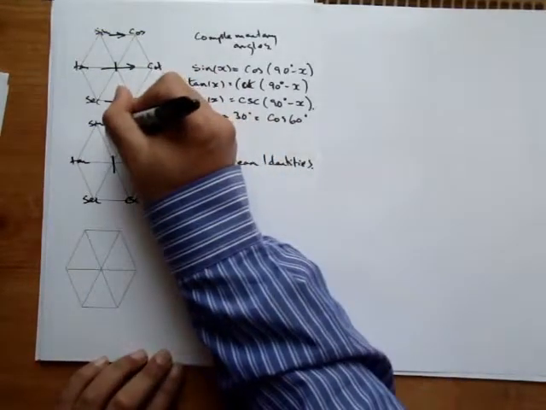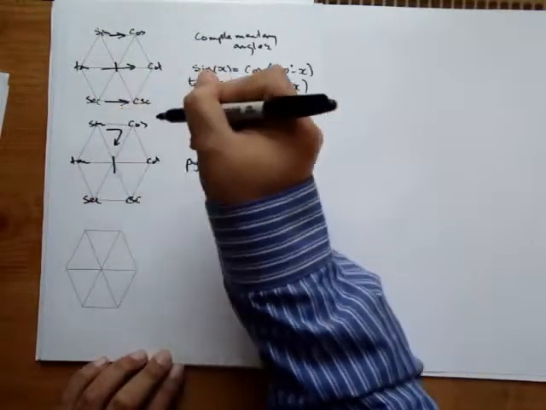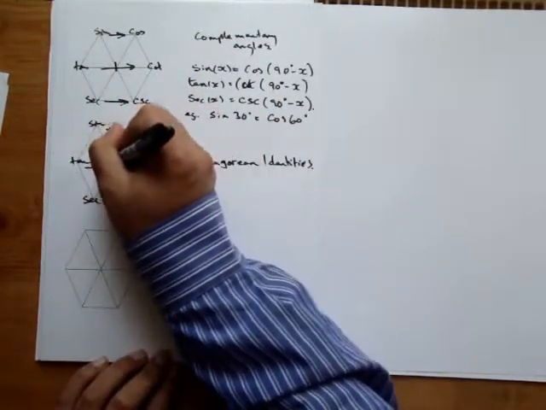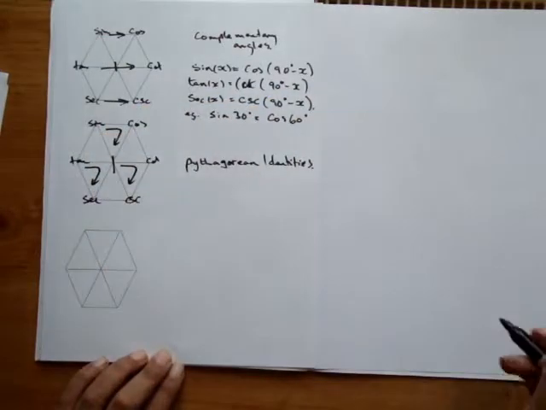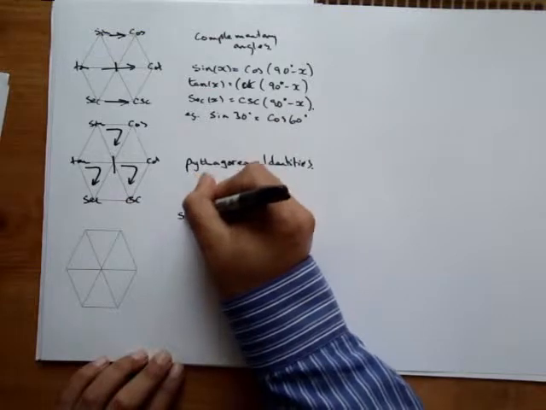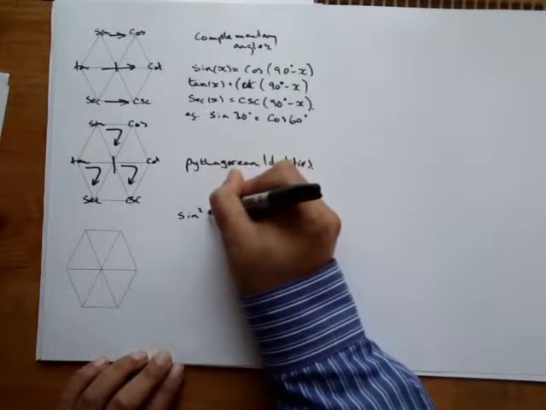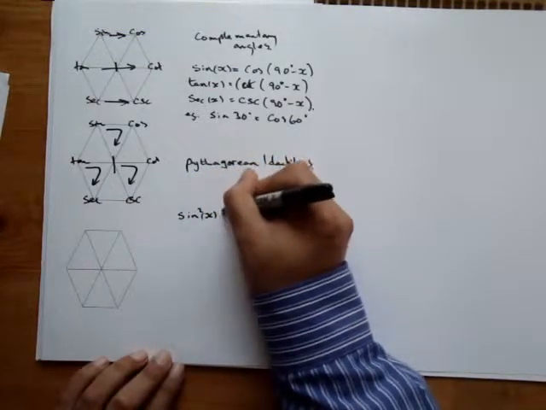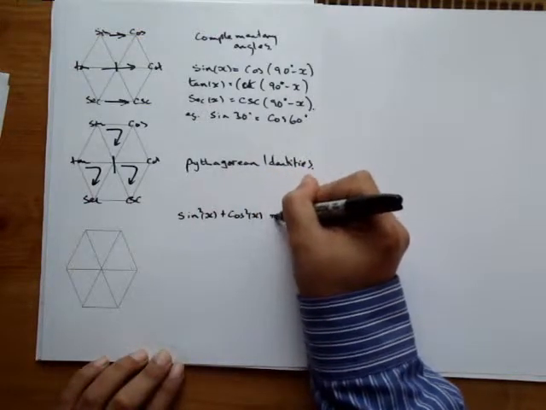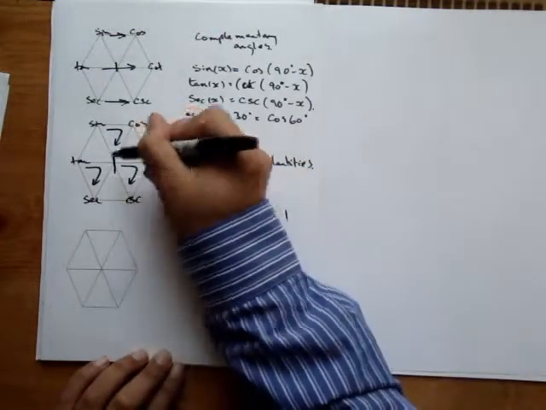This time we go around and down like this, around and down like this, and around and down like this with the arrows. So we just follow the arrows and we get sine squared x plus cos squared x equals the 1, which is in the middle here.